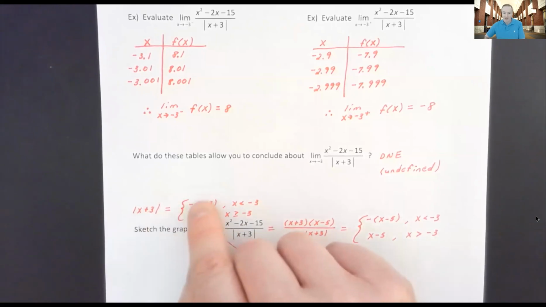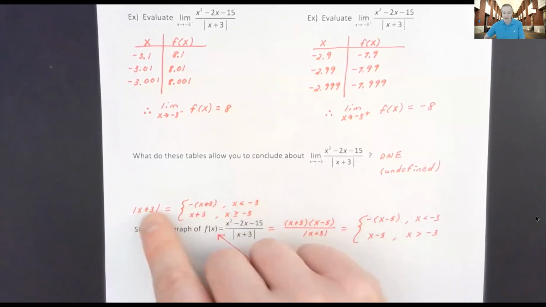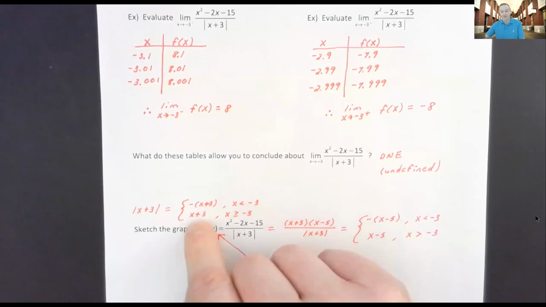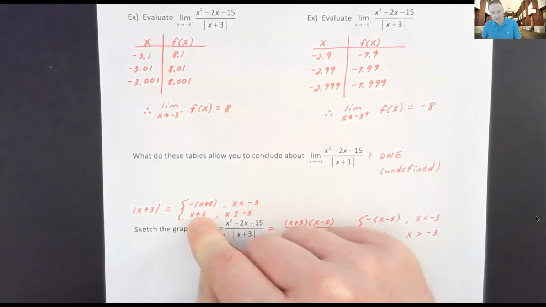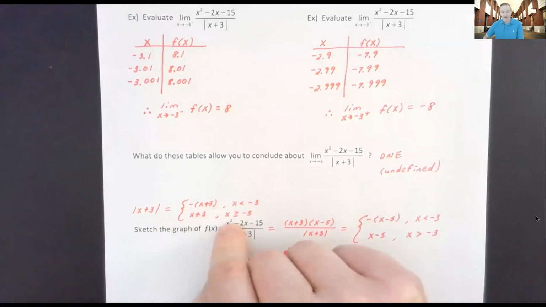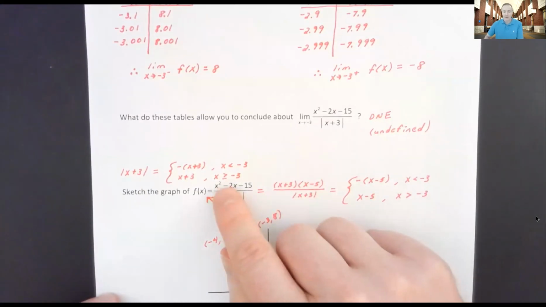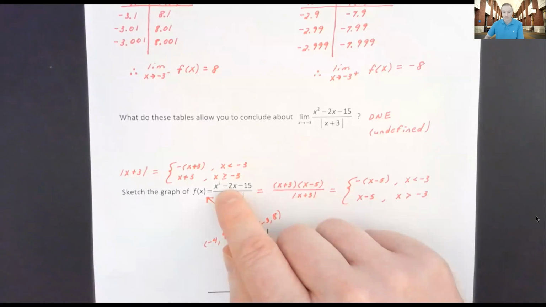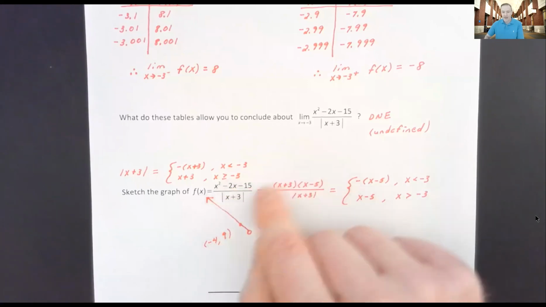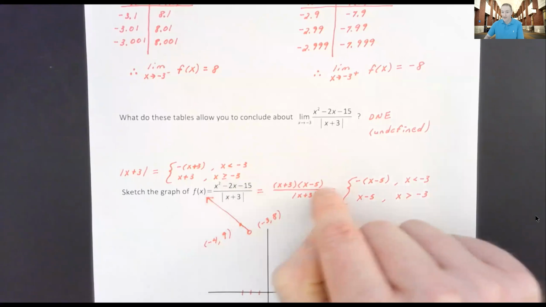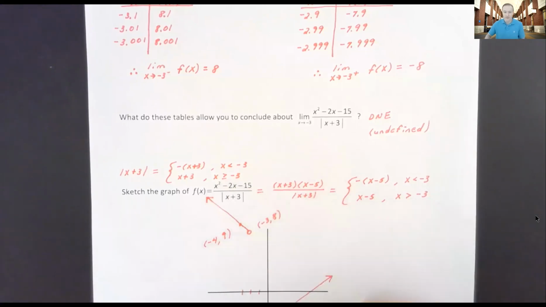So I need to understand this is the denominator. It's either a negative x plus 3 or a positive x plus 3 given the different values of x. Now when I go into my function and think about it, that numerator is easily factorable. Factors of negative 15 that sum to negative 2: that's a negative 5 and a positive 3. So that x plus 3 in the numerator can cancel with that x plus 3 in the denominator.